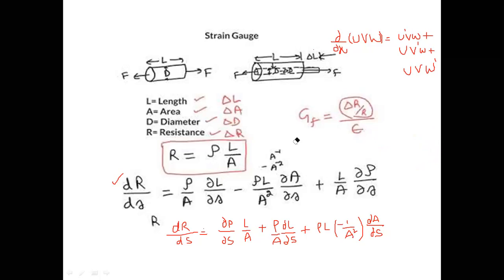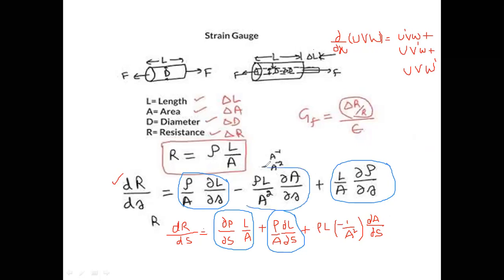Then rho by A into dou L by dou s, plus minus rho L by A square into dou A by dou S. This I have here now.